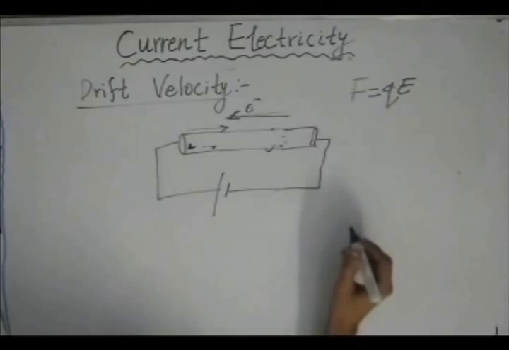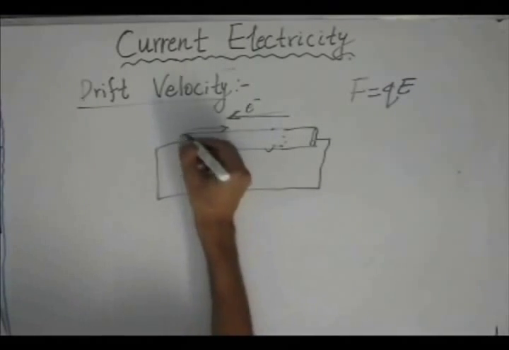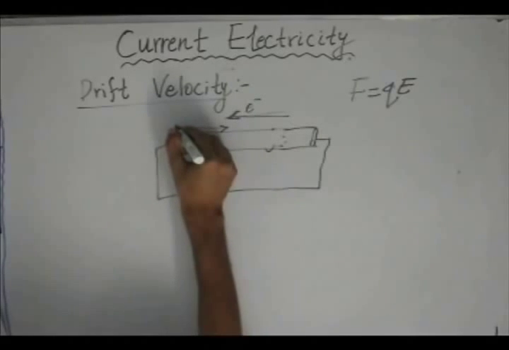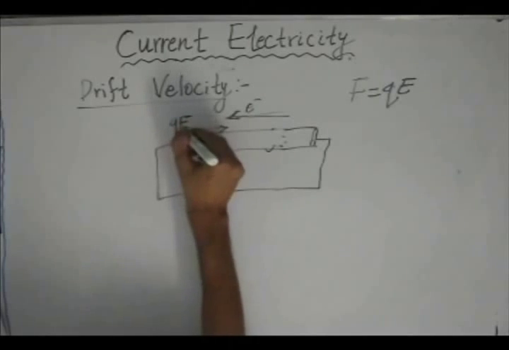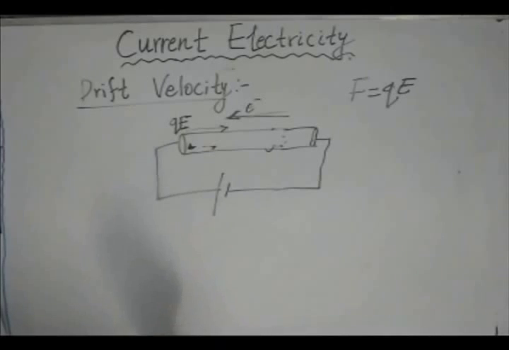The magnitude of the force is the test charge multiplied by the electric intensity. So we can relate it with the electric field: the force would be qE, and the direction of the force on the charge q would be in this direction. Since there is some force acting on an electron, each electron would experience some acceleration, and it would move in the forward direction with some acceleration.